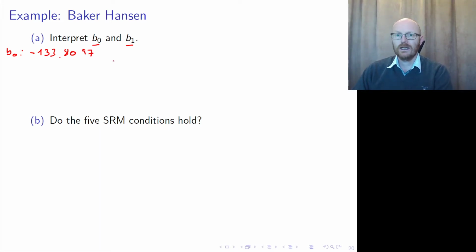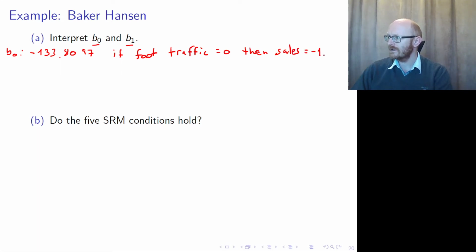Okay, and this means that if foot traffic equals 0, then sales equals negative 133,810. Okay. Which is obviously an extrapolation.